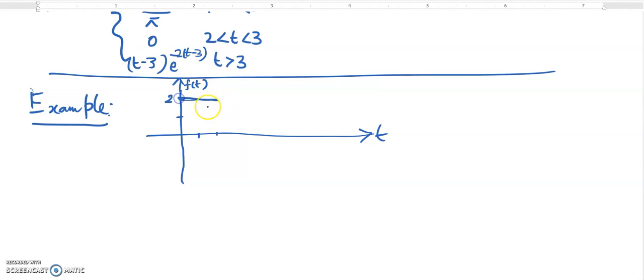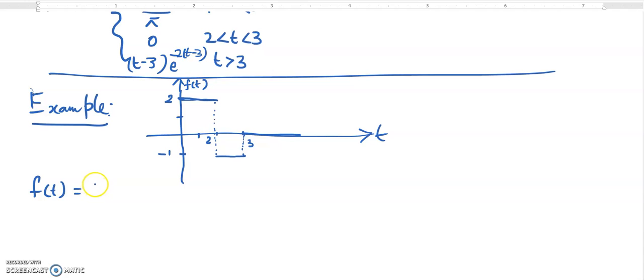Then there is an abrupt drop of this function to a value of -1, and then for the next number 3, this value then again rises to 0. So this is the function. 2, -1 and then 0. So this is 1, then that is 2, and this is 3. So how can we represent this function f of t?